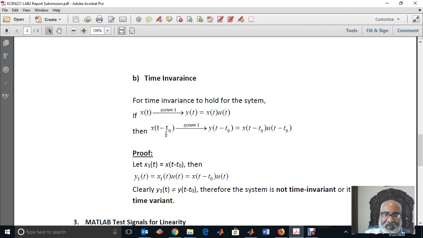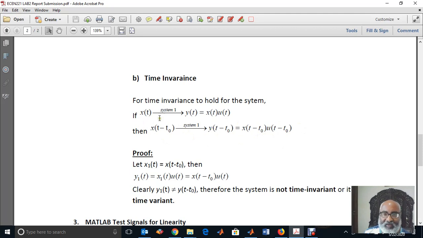If we delay the input, x of t minus t naught, then the output should be delayed by the same amount. So y of t minus t naught is equal to x of t minus t naught times u of t minus t naught. So if I give a delayed input to the system, I should get this one.